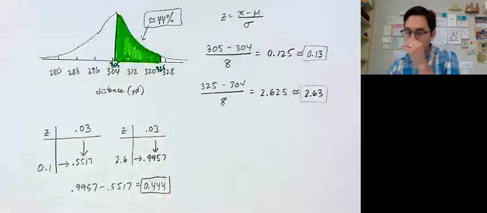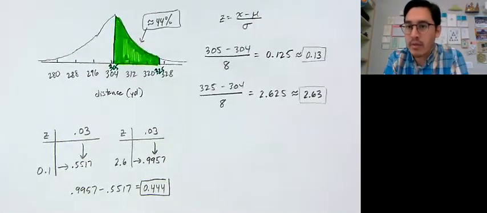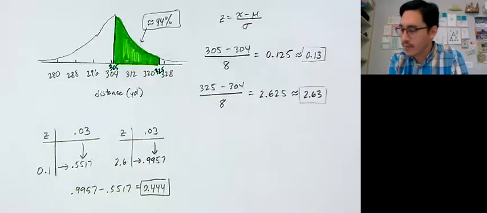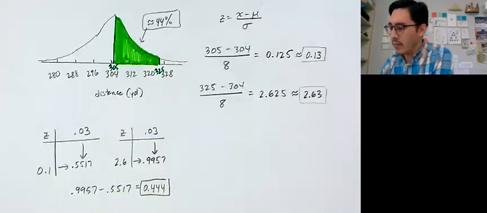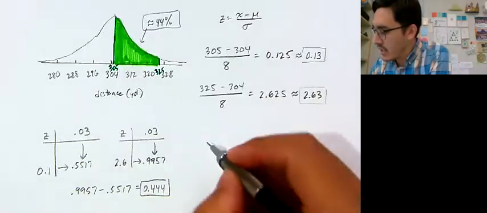And that matches our sketch. This is the reason why it's important to make a sketch, so that you have a natural feeling for what the right answer should look like. All right, so let's write a sentence.